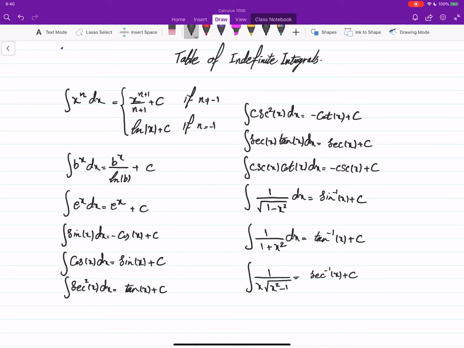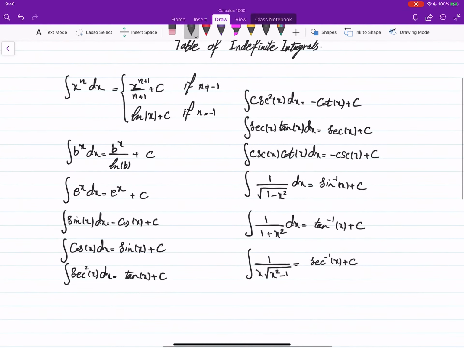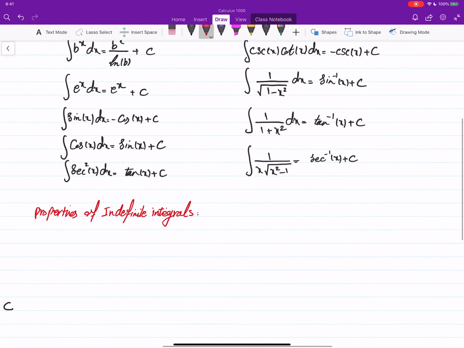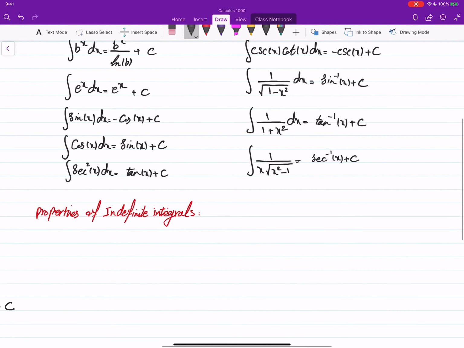You can find a complete list of this table in your book. Also, the properties of indefinite integrals are the ones we had for the antiderivative. If I have the integral of c times f of x dx, the constant multiple rule says the constant will come out.